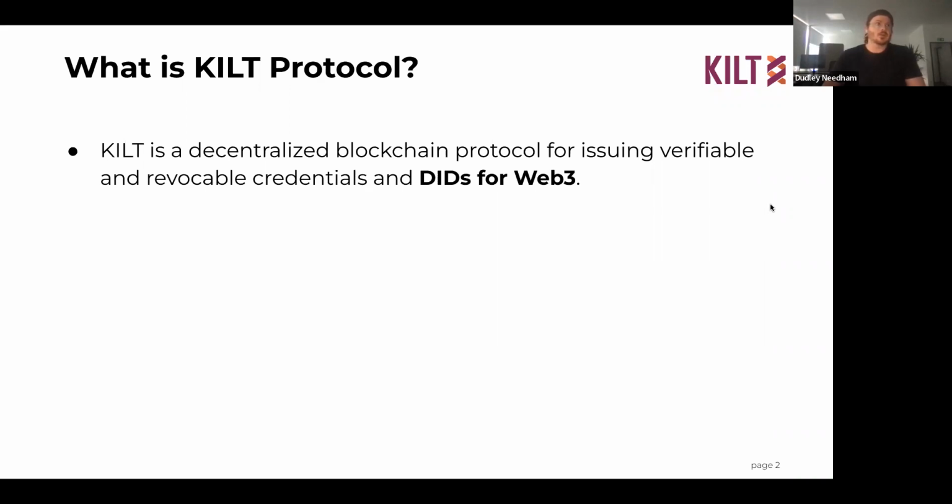Credentials are a piece of data that is about a specific entity, and we basically do what they call an SSI, which is a self-sovereign identity, and we do certain parts of it based upon DIDs.